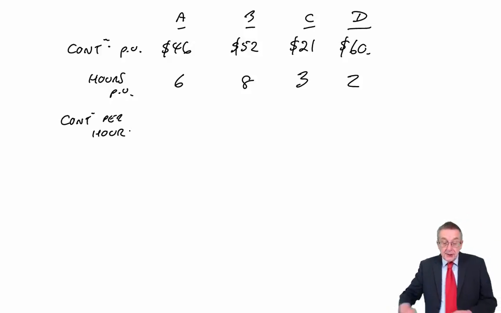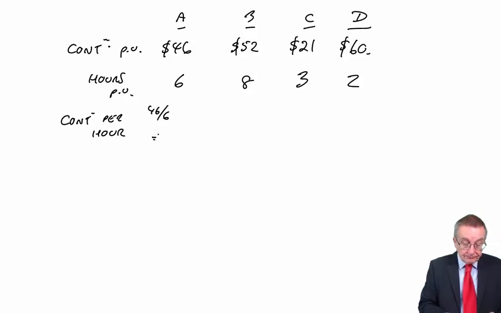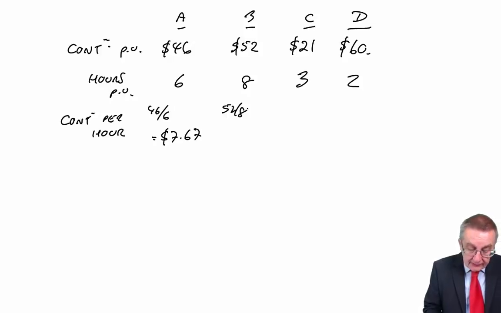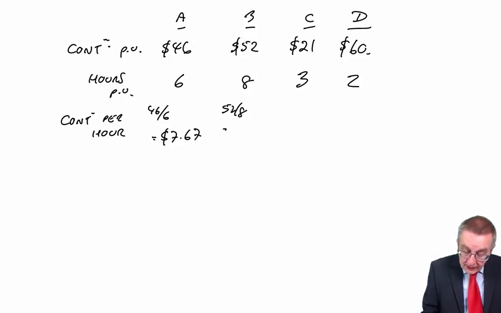A takes 6 hours to generate 46, so per hour $7.67. B, 8 hours to generate 52, which is $6.50 an hour. C, 3 hours to generate 21, which is 7.